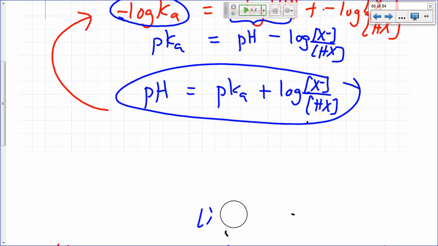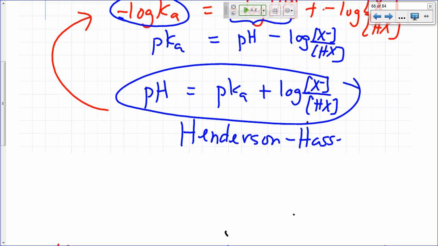So pKa here plus or minus the base to acid ratio. This is called the Henderson-Hasselbalch equation. It's really just another way of writing your expression for Ka. So you really don't need to memorize this, but this just happens to be a convenient equation to use when we're dealing with buffer questions.